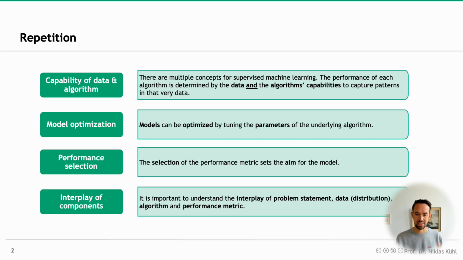And then finally, there is the interplay of these components: the problem statement, the data and its distribution, especially the one of the target, the chosen algorithm, and the performance metric. That's the important thing. Typically you would not look at these things in isolation, but in combination.